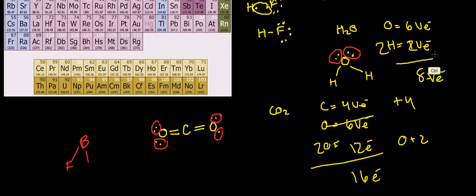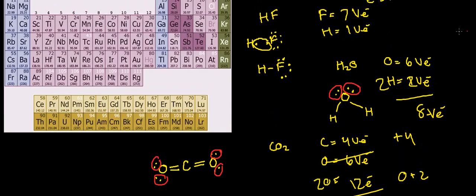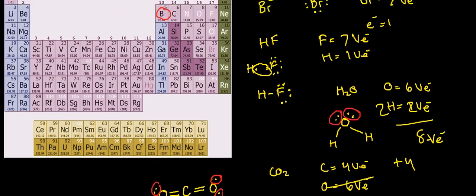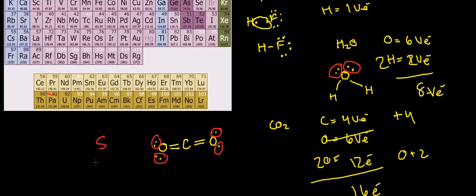And there will be other situations with something with access to this d orbital right here. So something like sulfur, it can get 6 bonds to something really electronegative like chlorine or fluorine.